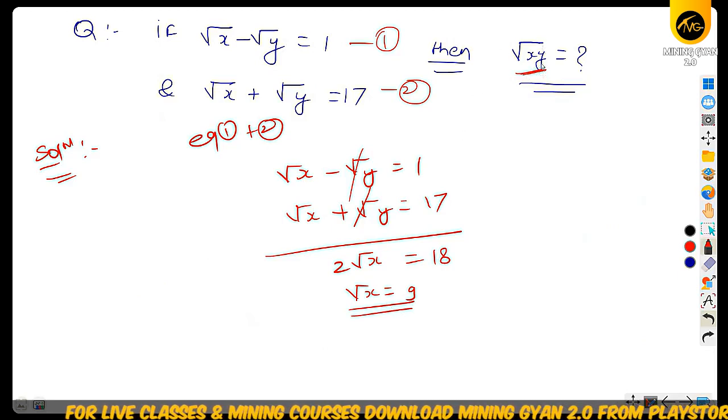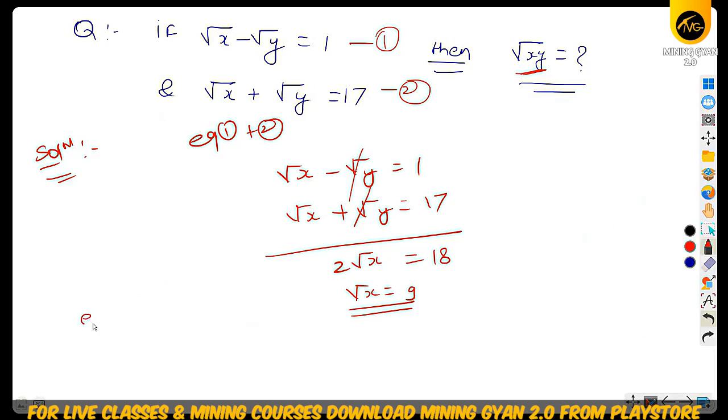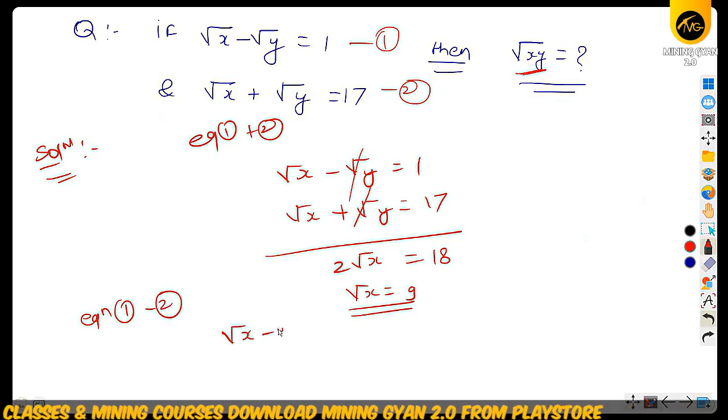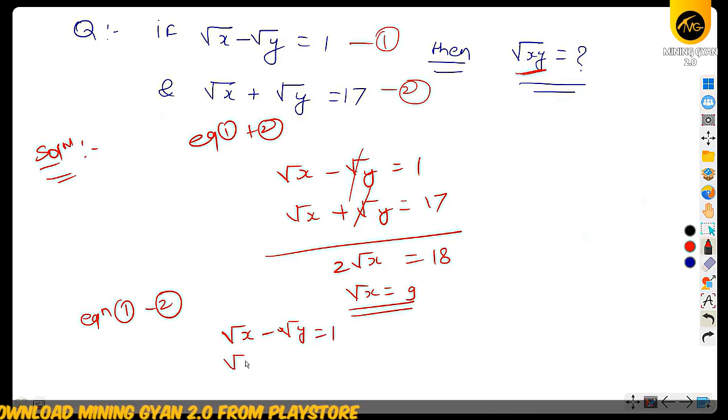So we have the root x value. Now we have to find the value of root y. Suppose we do equation 1 minus equation 2. So root x minus root y is equal to 1, and root x plus root y is equal to 17.